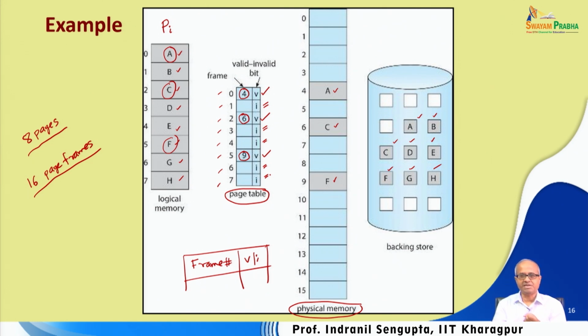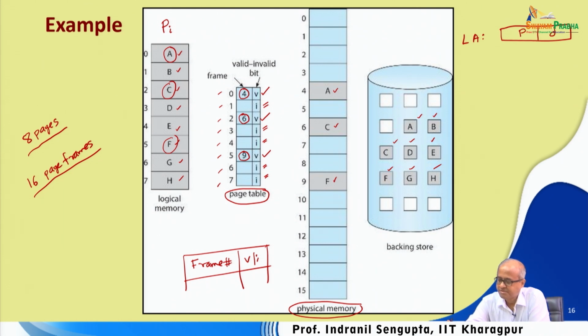First you are accessing the page table, from there you are getting the frame number. I am repeating what you do in this translation. In the logical address, we have the page number and the offset. In the physical address, you have the frame number and the offset.